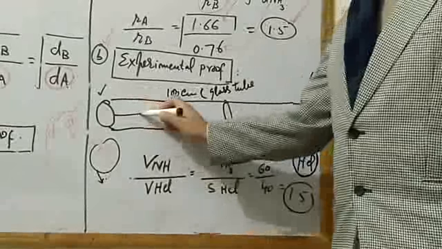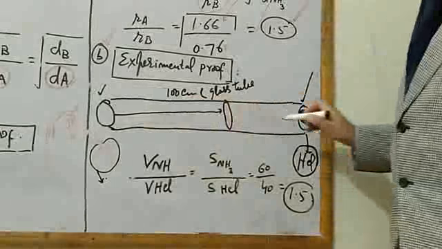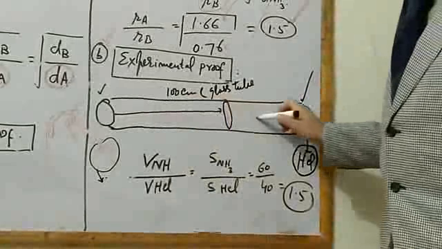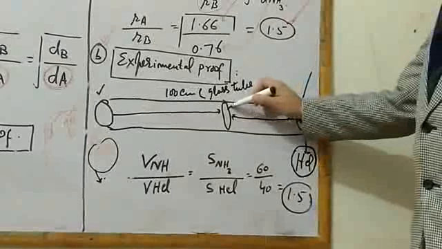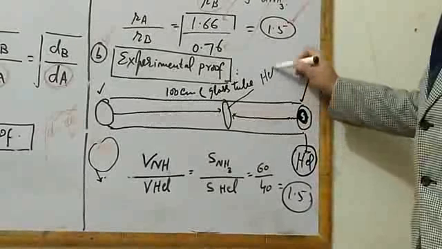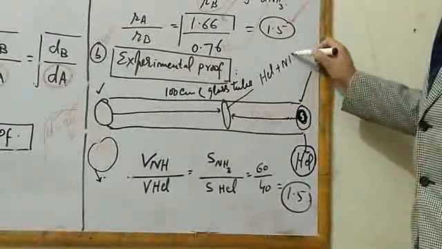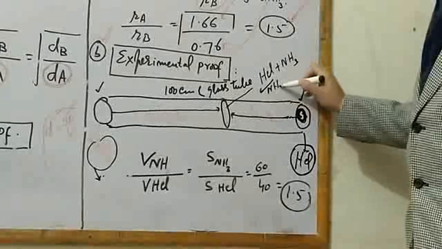Ammonia will diffuse from this end and HCl will diffuse from this end, and both of them will combine here. And remember, when HCl and NH3 combine, you will get a white ring of ammonium chloride.